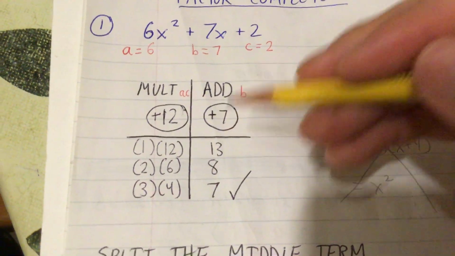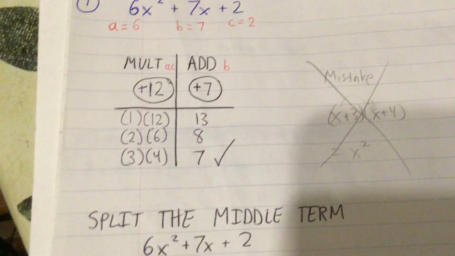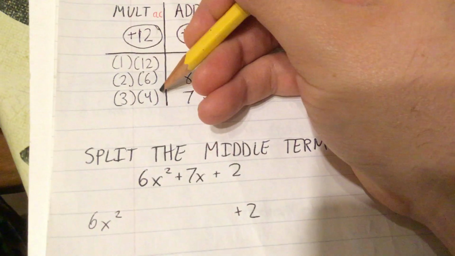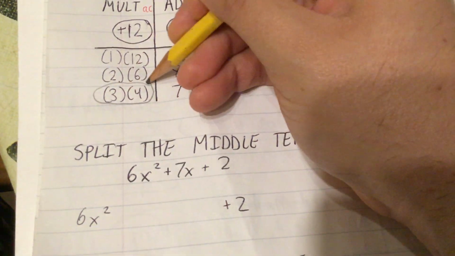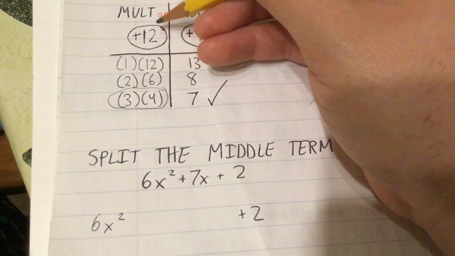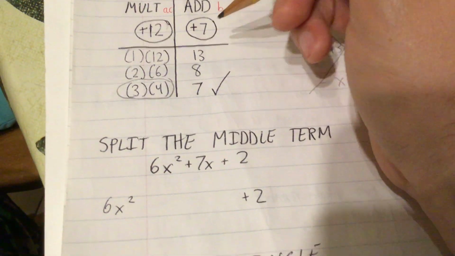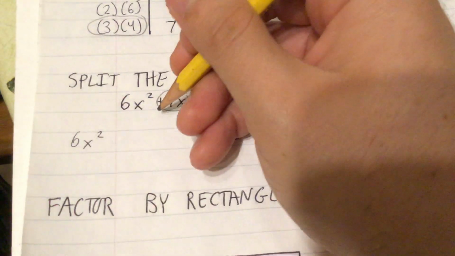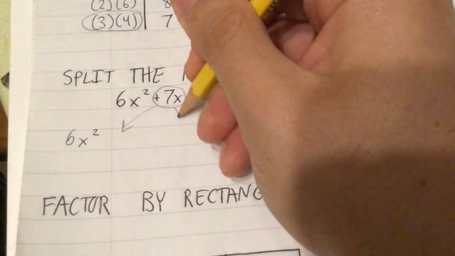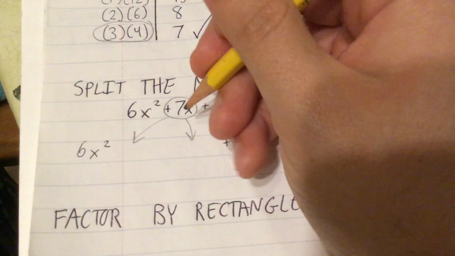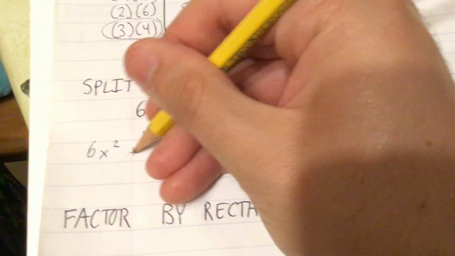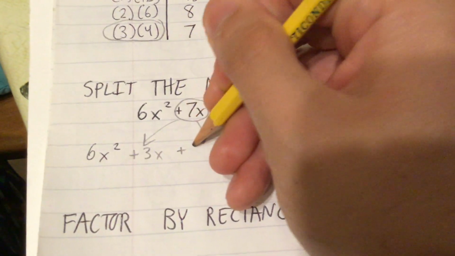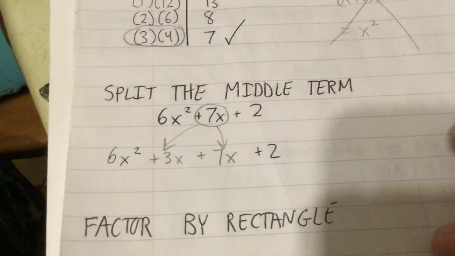You found the winning team, okay? So then you split the middle term. What do I mean by this? It turns out that the 3 and 4, the winning team that multiplied to AC and added to B, are very, very useful, because I take the middle term, 7x, and now it can be split into positive 3x and positive 4x.